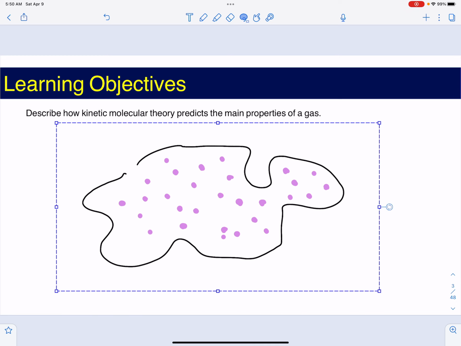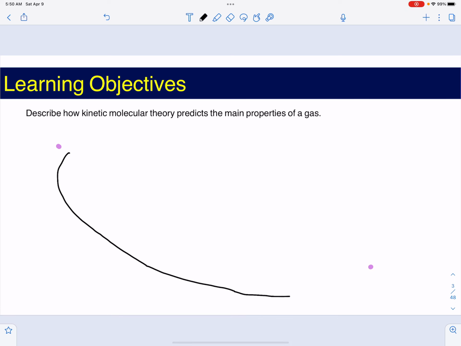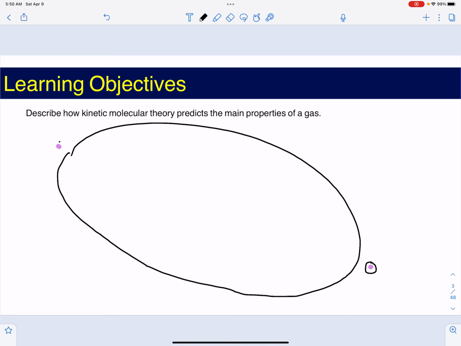One of the things that we know about the kinetic theory of gases is that the space between the particles is going to be huge. So I cannot put too many of those particles in there because they're very separate from each other. The space between the particles is huge compared to the volume of the particle.